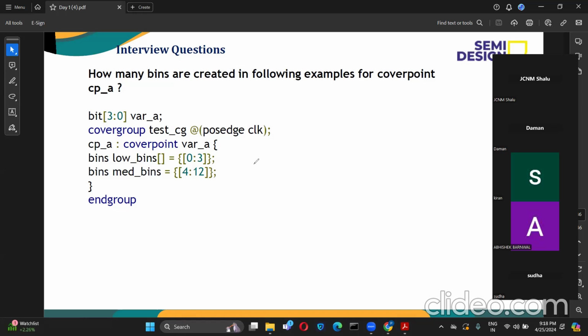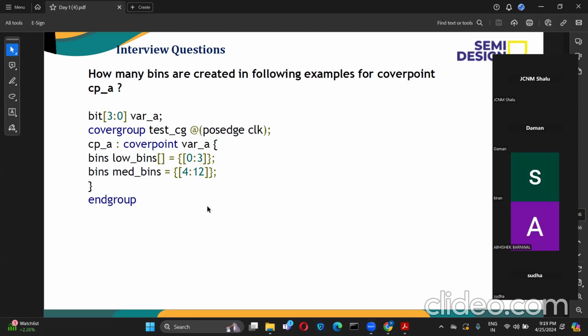For mid bins, how did I count? I just counted from 4 to 12, like that. But I was wrong. I came to know after you said that based on the hits and misses, we can consider that one bin because of the non-square bracket. Am I right, madam?